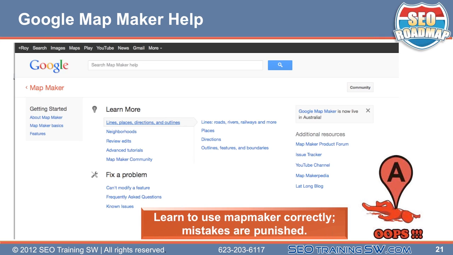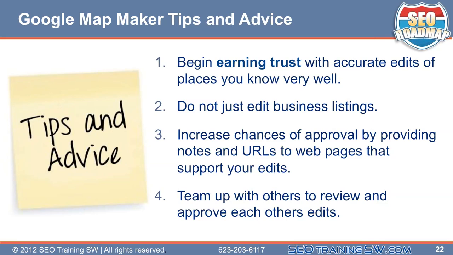Now, again, when you're making edits, this is something I did not mention that's really important. I think it's in the next slide. Okay, here it is. Your goal in becoming a Google Map Maker is to earn trust with accurate edits of places that you know very, very well. So think of the community you live in.